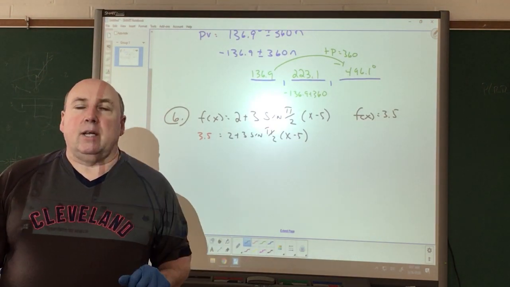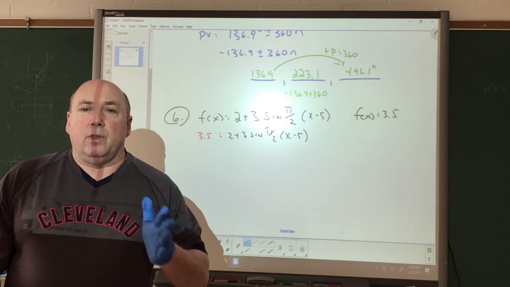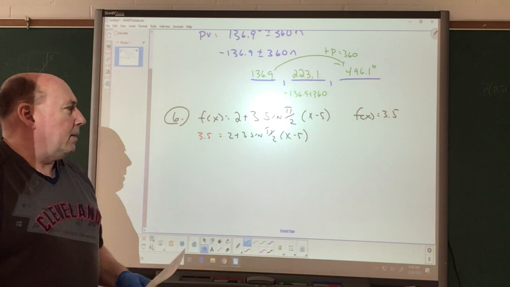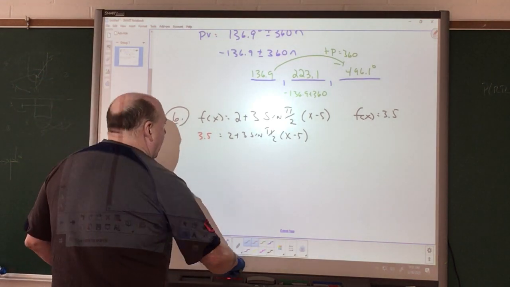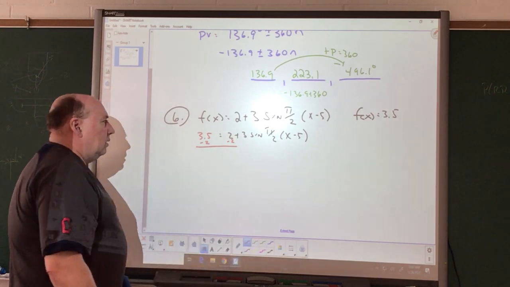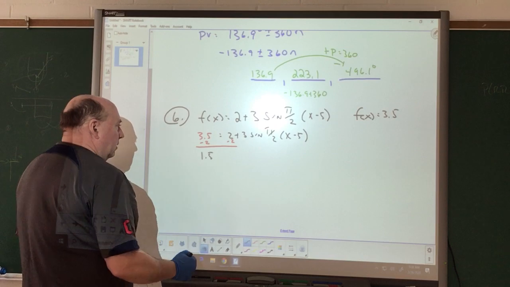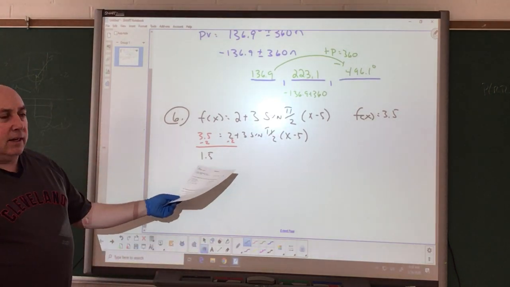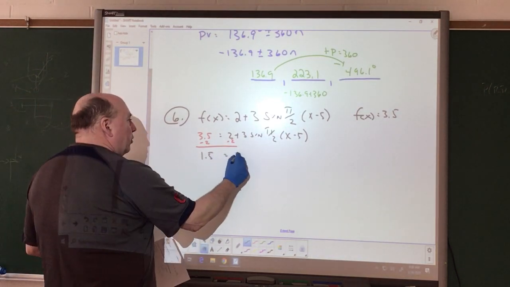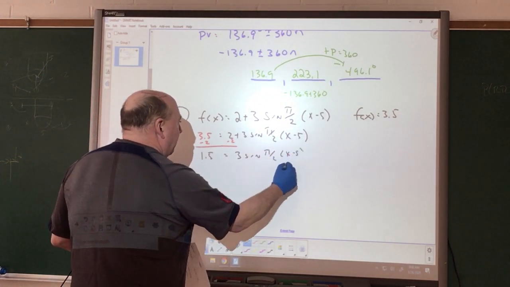Our first two steps are going to be the same each and every time. As we've walked through this before, these first two steps are going to be the same. We are going to subtract the 2. So we have 1.5, and once again, I would just leave it like this, is equal to 3 sine pi over 2 x minus 5.